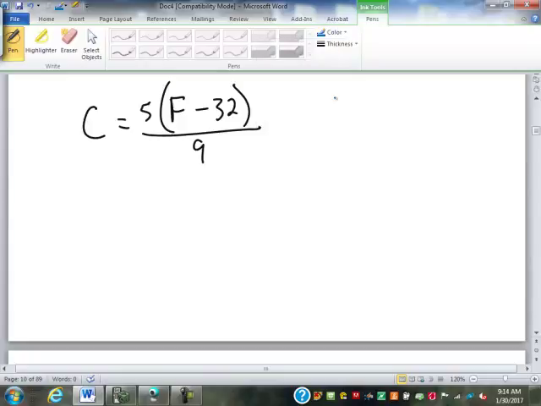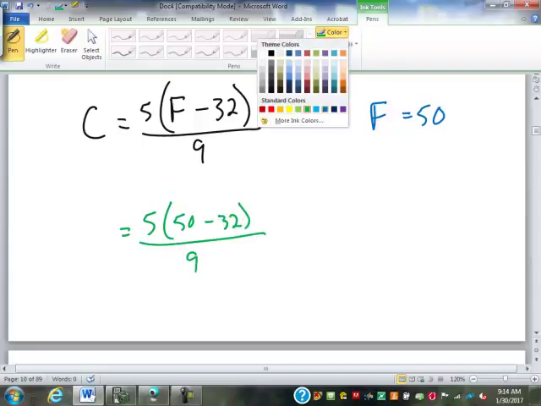So for this one, let's do, got to come up with a good number here that's going to work well. Let's evaluate this for f equals 50. So we put 50 in for f. What do we have to do first here?